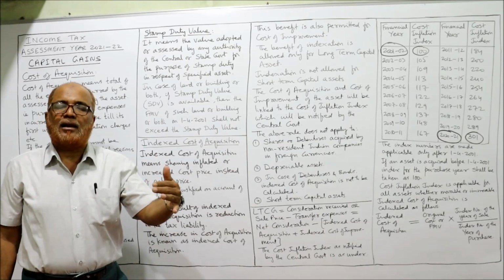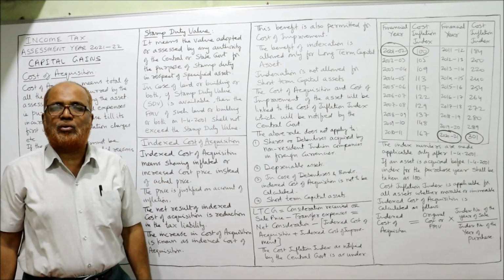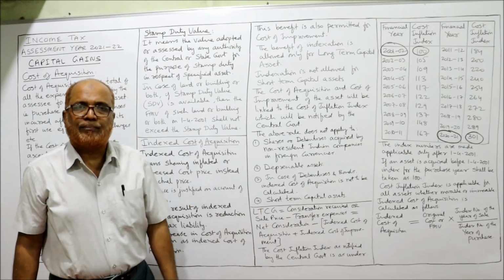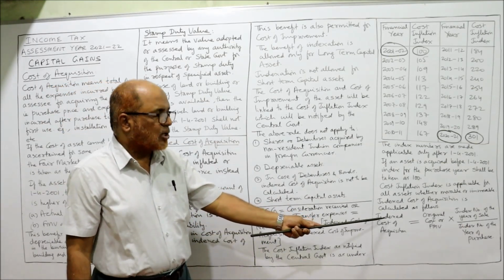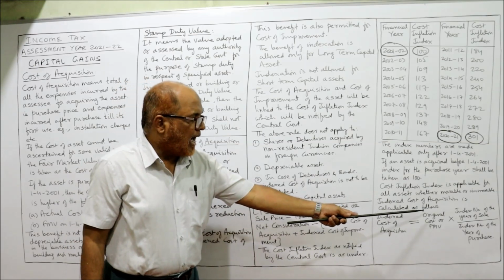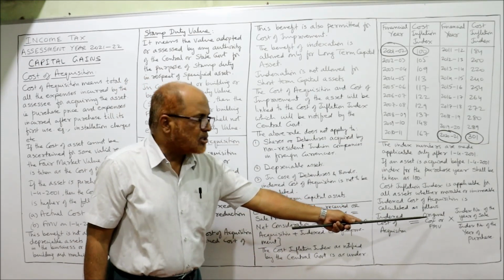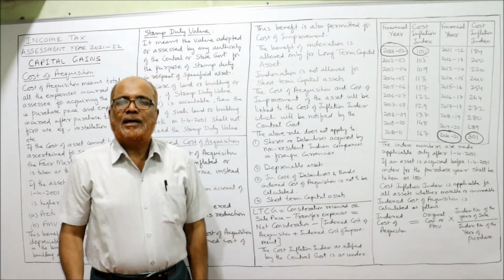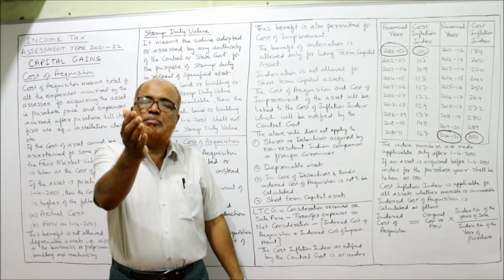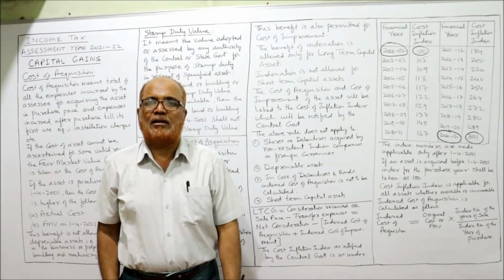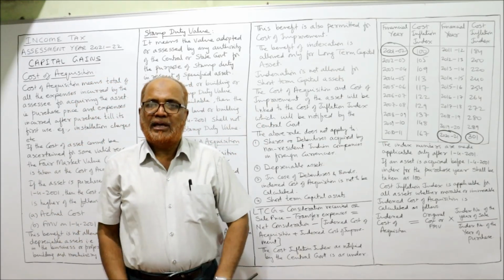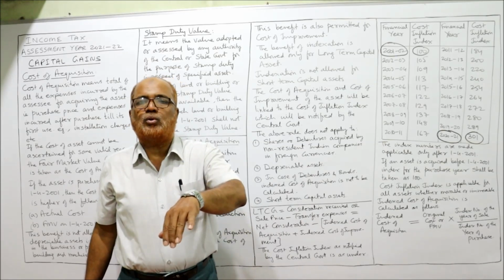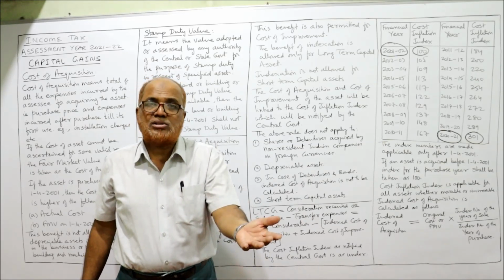Now, how to calculate the indexed cost of acquisition? Remember the formula. The formula is actual cost or original cost or FMV. If the asset is purchased before 1/4/2001, we take the FMV. If it is purchased after 1/4/2001, we take the original cost.